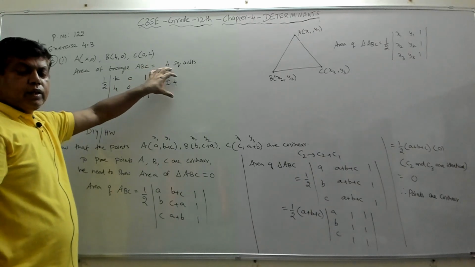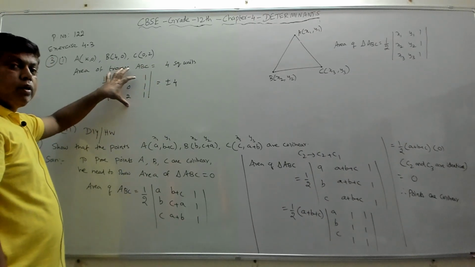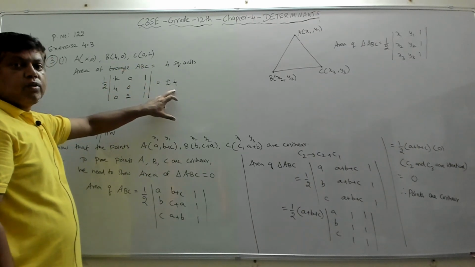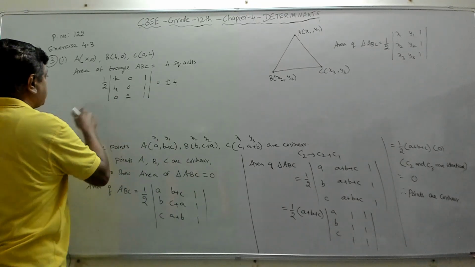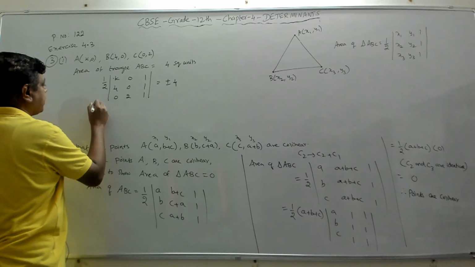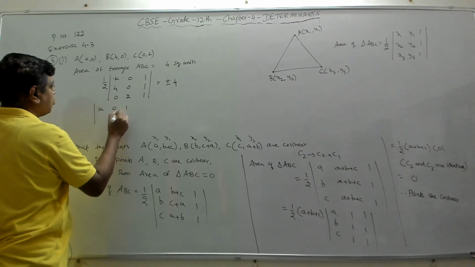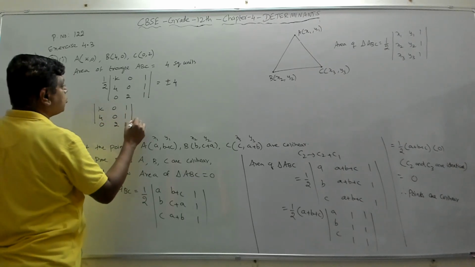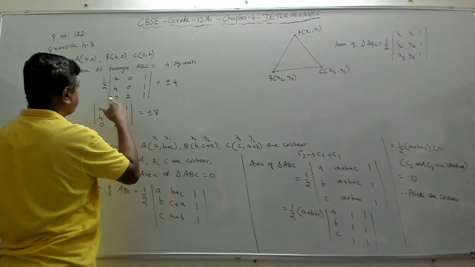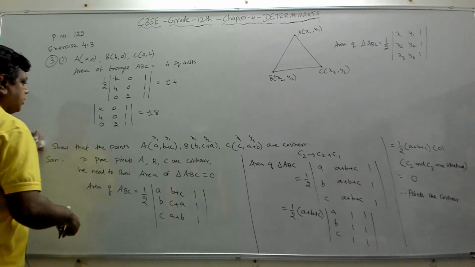When we are equating the area to some number, this number can be positive or negative. So this has to be plus or minus 4. So now the 2 goes this side. So you'll get K, 0, 1, 4, 0, 1, 0, 2, 1 equal to plus or minus 8. The 4 will go here. It will become 8.